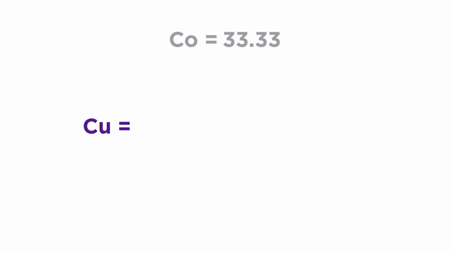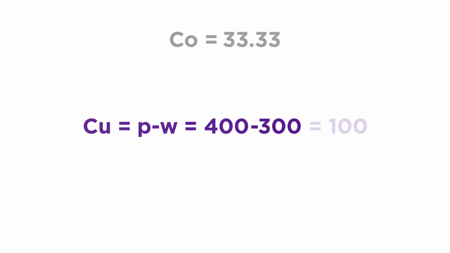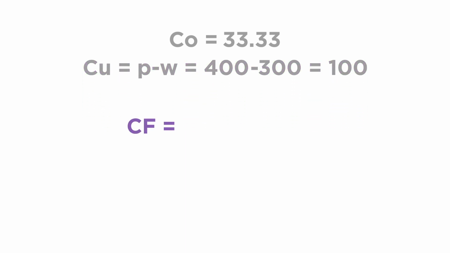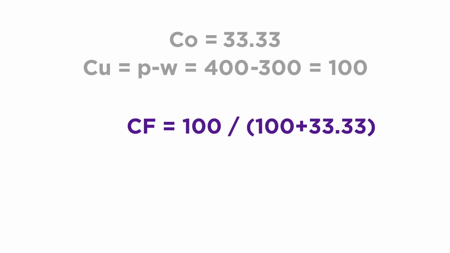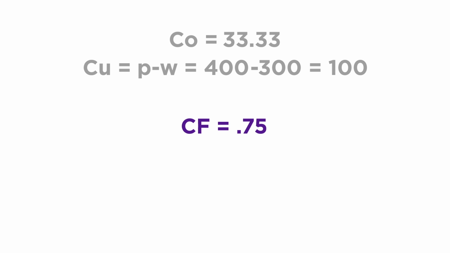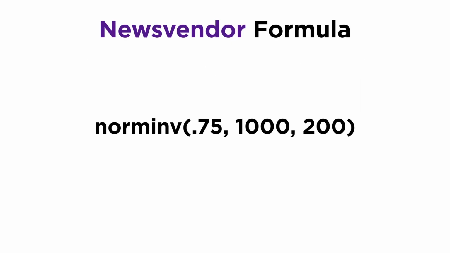The cost of underordering is the retail price minus wholesale price, that is equal to $400 minus $300, which is equal to $100. The critical fractile is cost of underordering divided by the total cost, which comes out to be 0.75. So using the newsvendor formula, the retailer's optimal order quantity is equal to 1,135 units.